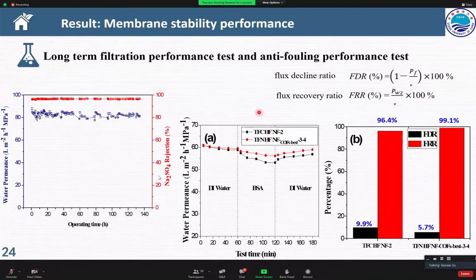We also tested the anti-fouling performance, and we can see that the flux decay ratio of the TFN membrane is much smaller, but the flux recovery ratio of the TFN is much higher, which means that the TFN membrane has a better anti-fouling performance than the TFC membrane.